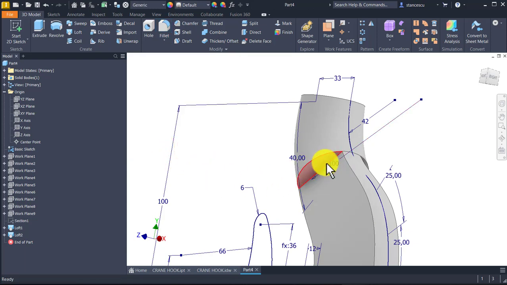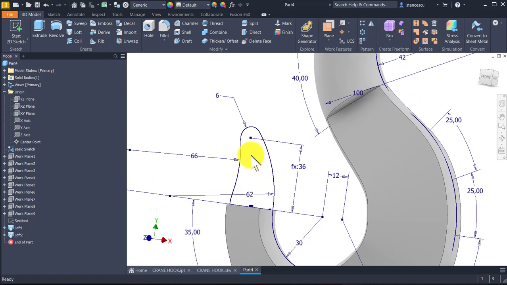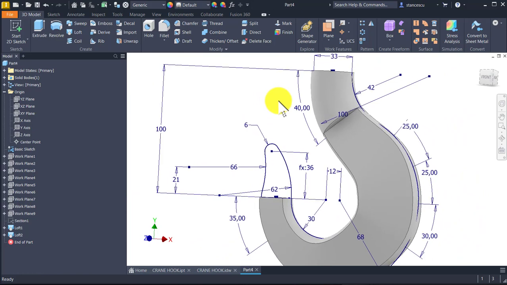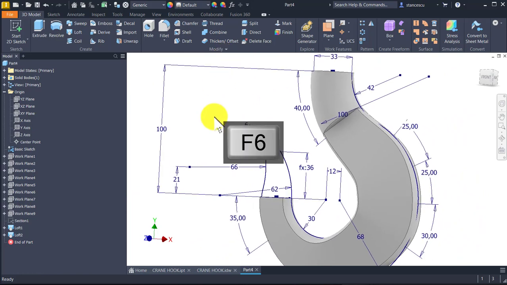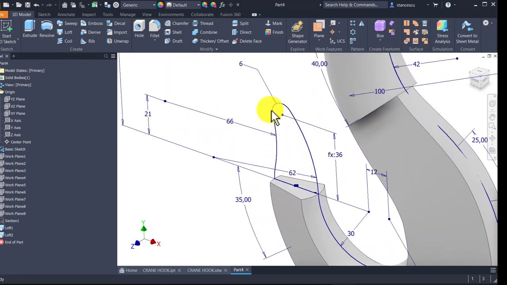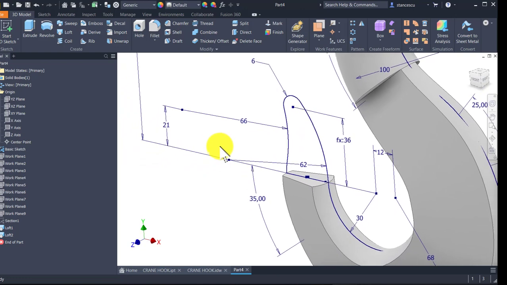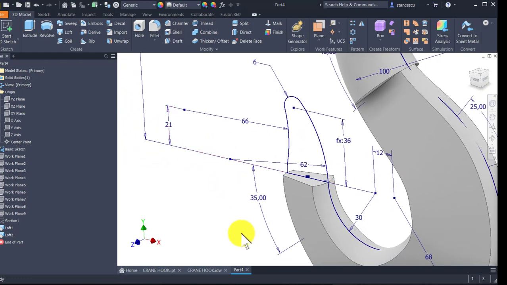The start is here and the fillet goes inside. Good. Now we concentrate on this end. Not concentrate, but focus. We focus on this end. Good. Let's see how to do.